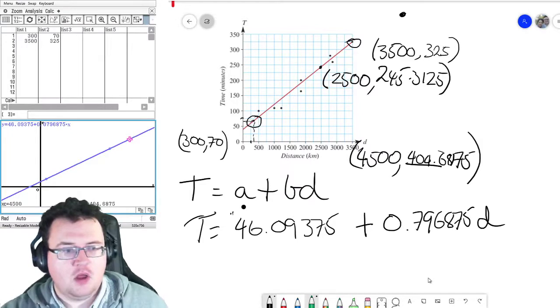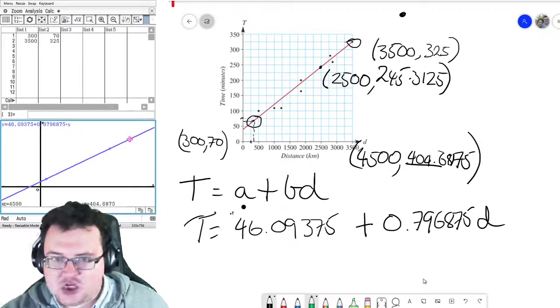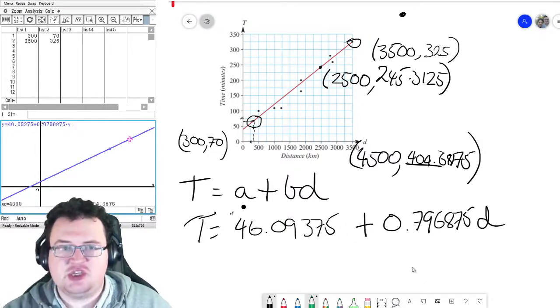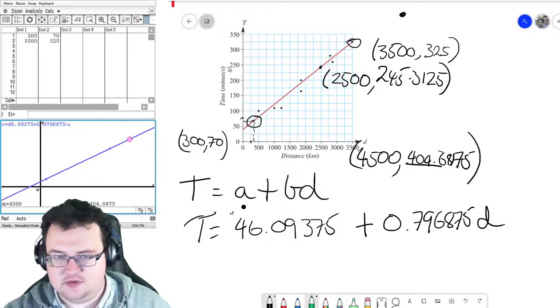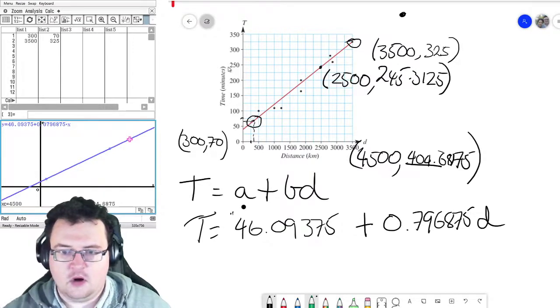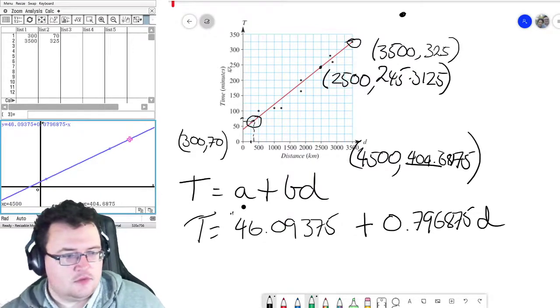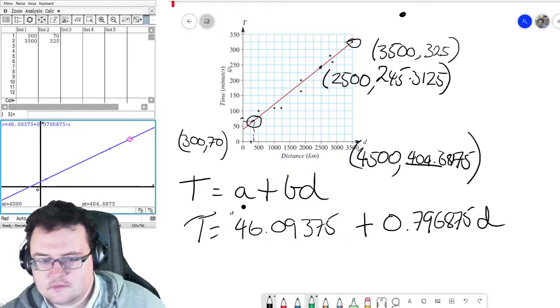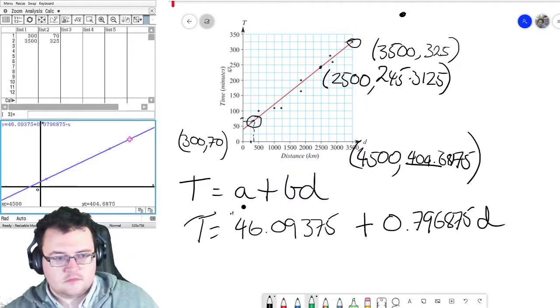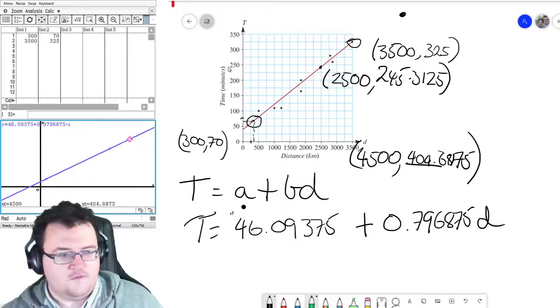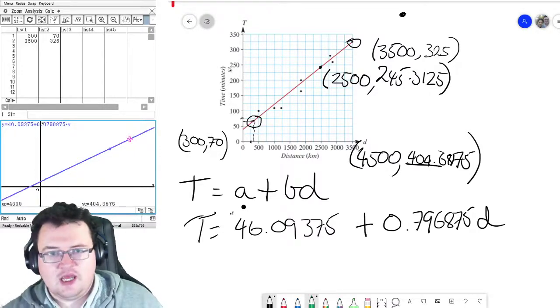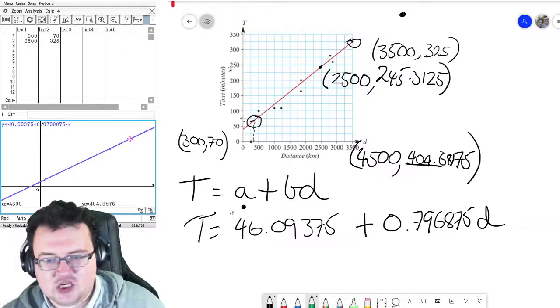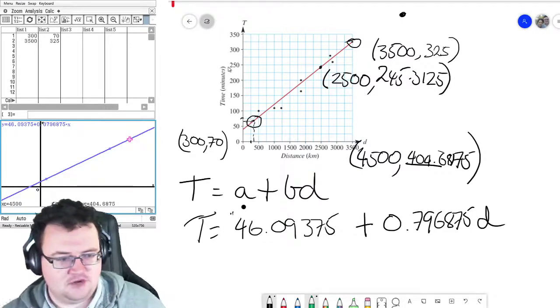So, are we making interpolations or extrapolations using our equation? All right, so for 2,500 kilometers, when we were working that out using our line, was that an interpolation or an extrapolation?